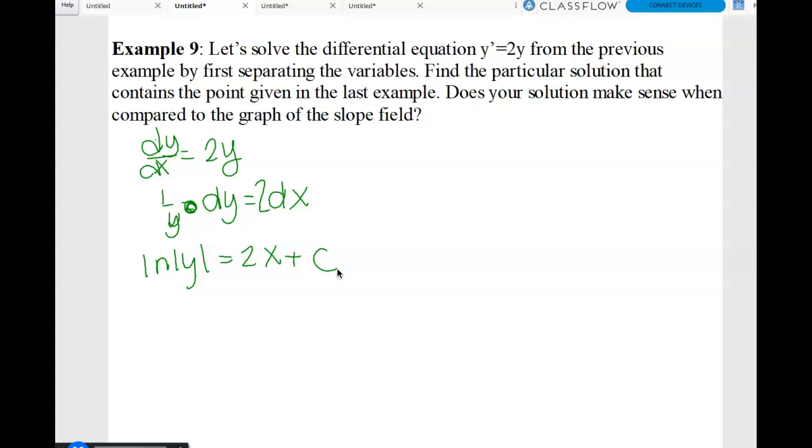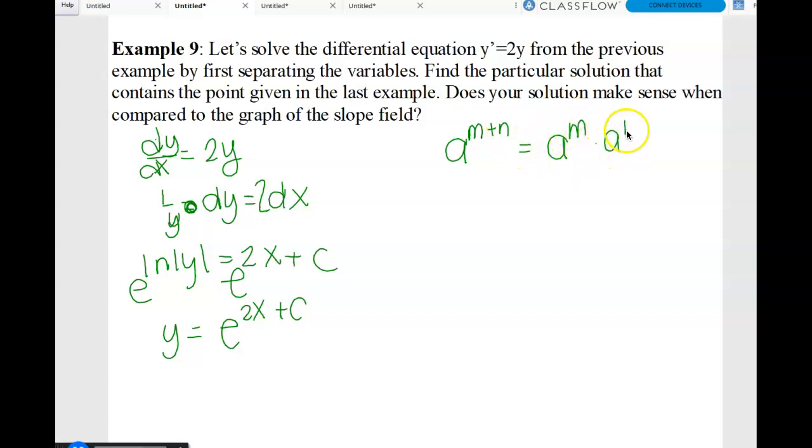How do you get rid of an ln? Because we want to solve for y. Leave both sides. So yesterday, Tessa didn't see this, and maybe it's a little tricky to hear it, and it was kind of on that handout I handed you. Anytime we have an e to the 2x plus c, by technicality, the rule is that if you have a to the m plus n, that's the same as a to the m times a to the n.